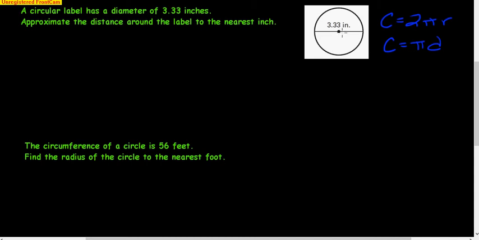The radius is just halfway across the circle, from the center to the edge. And the diameter is all the way from one edge through the middle to the other edge.